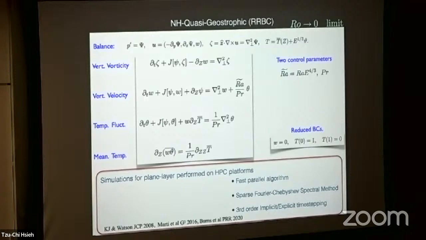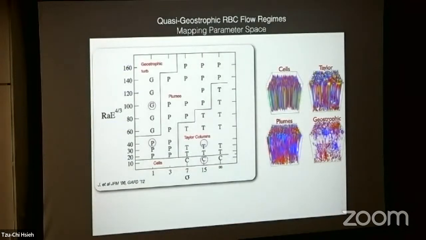Okay, so I'm going to take a tour through some of the solutions that we observe from these equations. In solving these equations, we perform a survey of parameter space. We'll do a suite of simulations where sigma here is the Prandtl number on the bottom, and we're scanning up with the reduced Rayleigh number on the vertical axis.